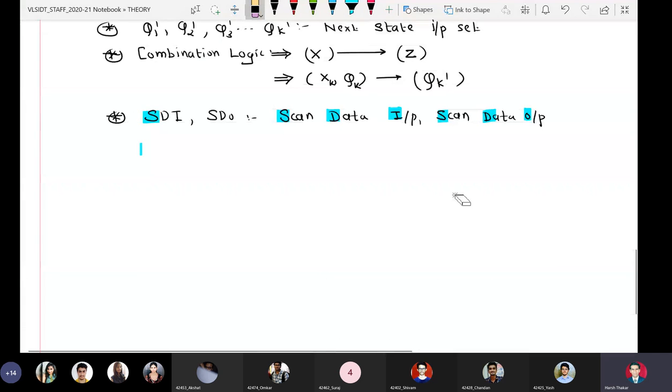The test procedure can be said something like this. The test procedure is summarized as follows.